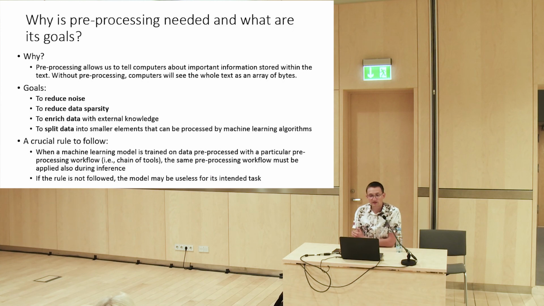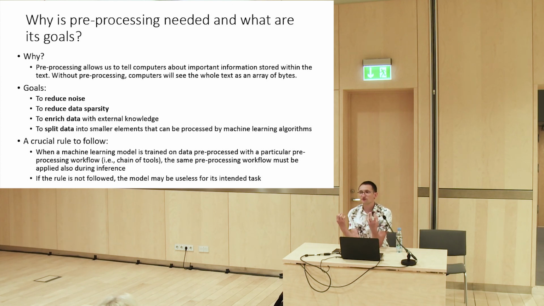Then we pre-process the data, and pre-processing allows us to reduce noise, reduce data sparsity, enrich data with external knowledge like linguistic information if we use parsers or taggers or morphological analyzers. We split data into smaller chunks because when we pass data to a program or send a sentence to a program, all it sees is bytes or bits.